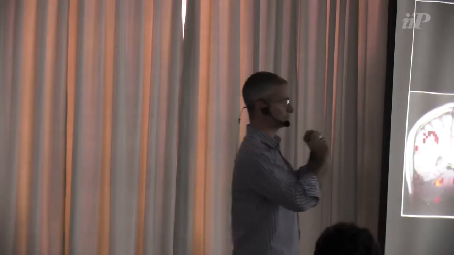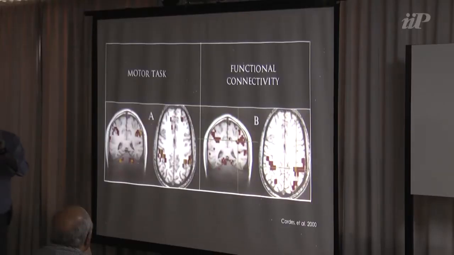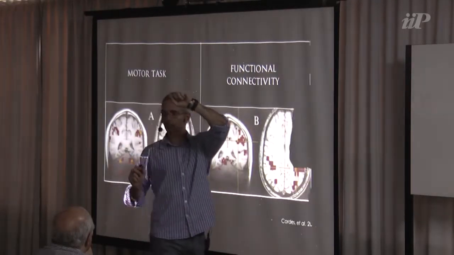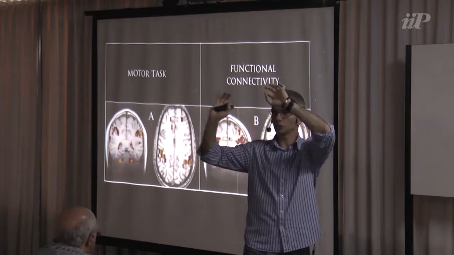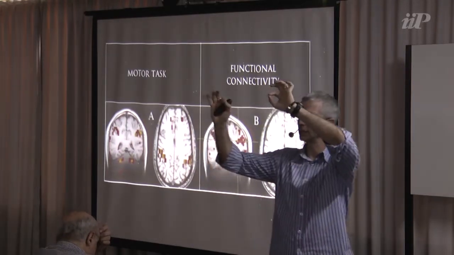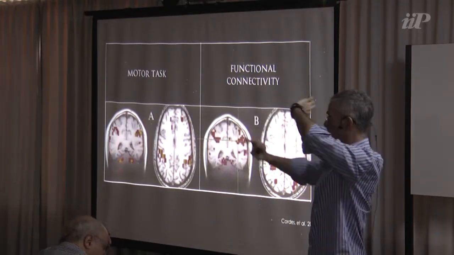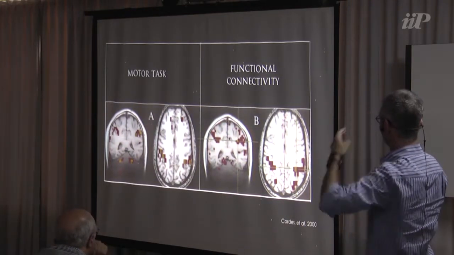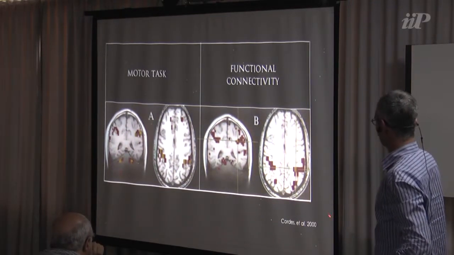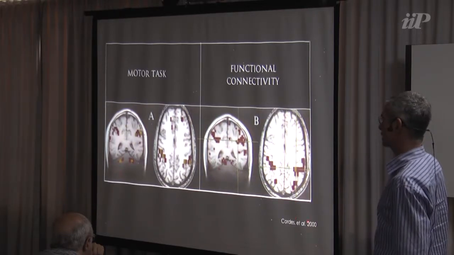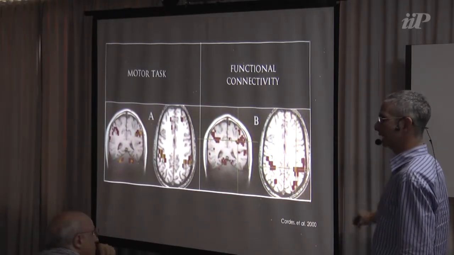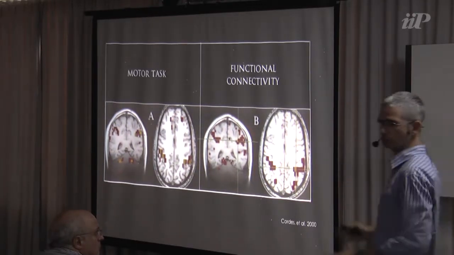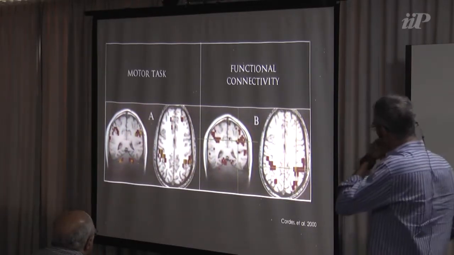So whether these time series could bring the information that this specific area is linked functionally to another area of the brain. As a proof of concept, and it was funny, this was published in 2000, and it took about 8 to 10 years for this to really spread in the community.